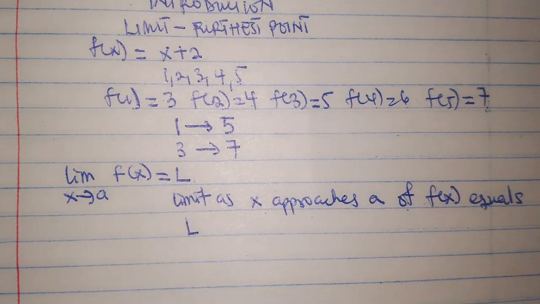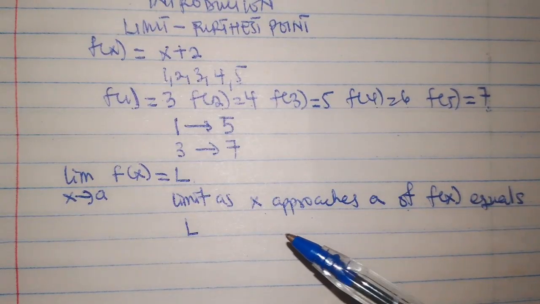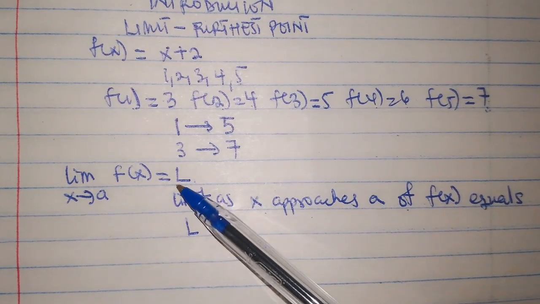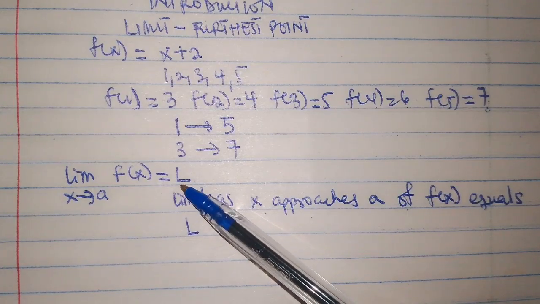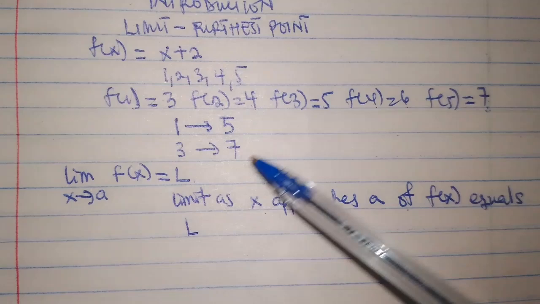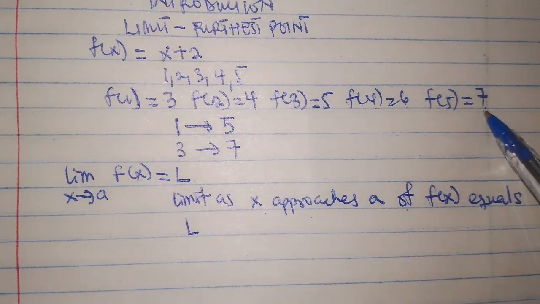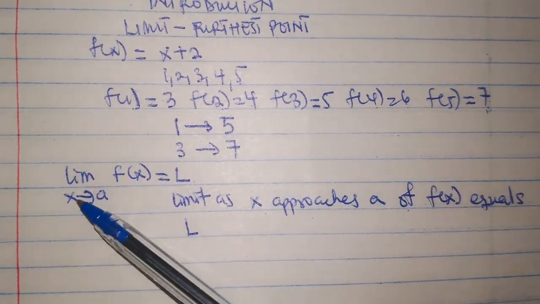So we are seeing that we can actually make the values of f of x close to L by taking x to be sufficiently close to a. Let's take our L to be 7.